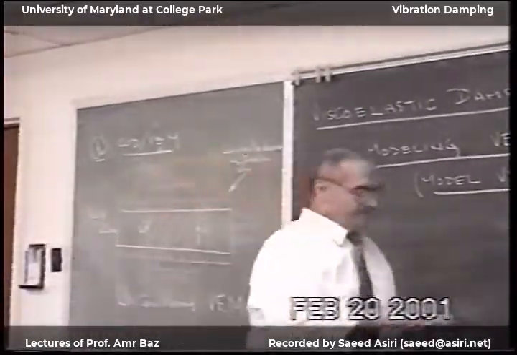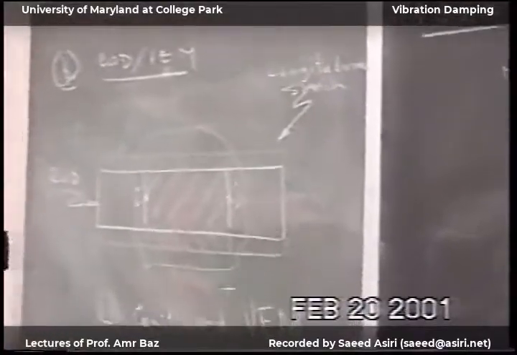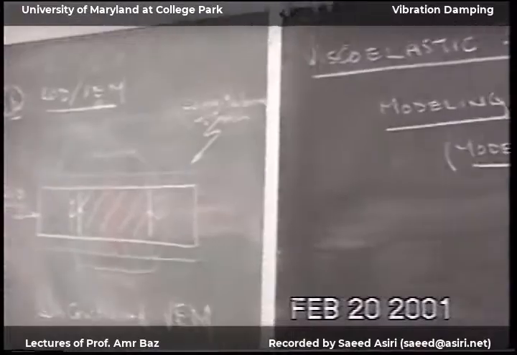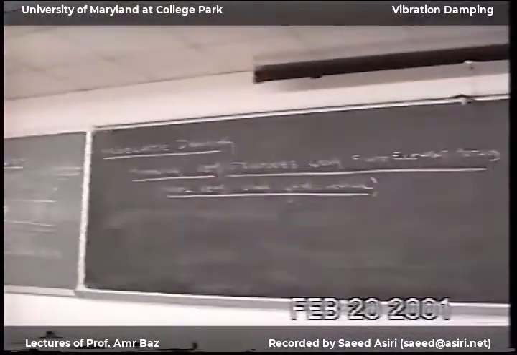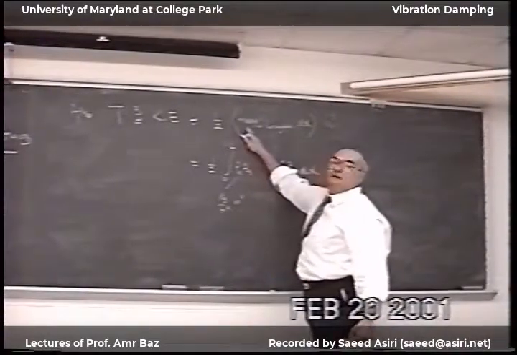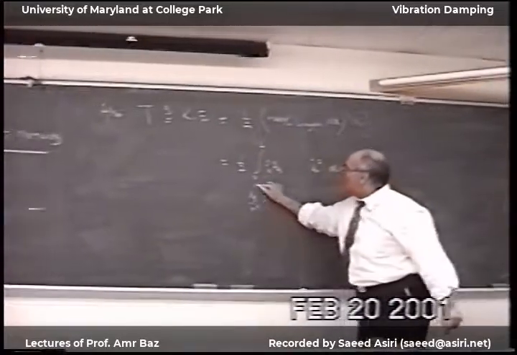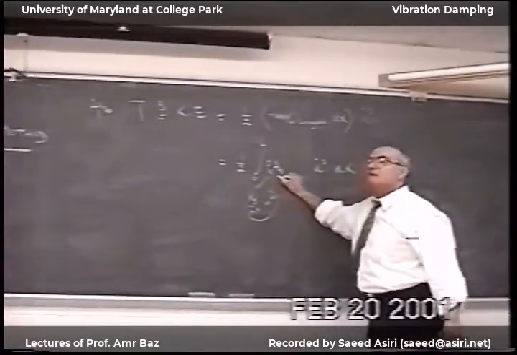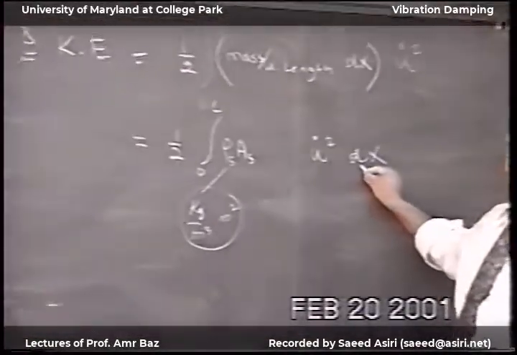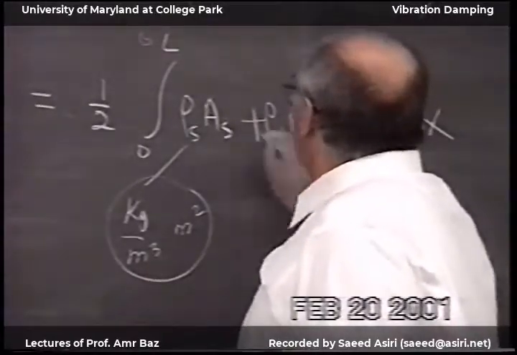So this will be rho structure, area structure. Rho is kilogram per meter cubed. The area is meter squared. So this is kilogram per meter or mass per unit length. So the mass per meter is rho A times dx. So this is the mass of the parent structure plus the mass of the viscoelastic material.